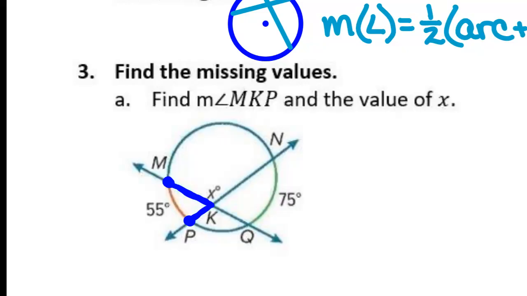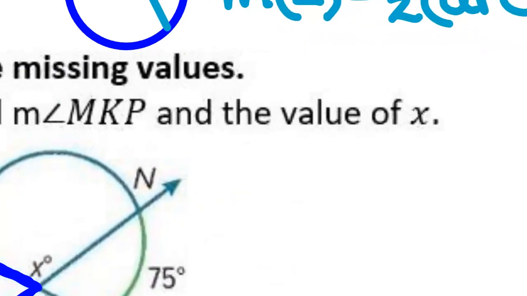Central angle, inscribed angle, inside or outside? So it's an inside angle. It does not have its vertex at the exact center of the circle. If you don't see the vertex on the exact center of the circle, it cannot be a central angle. So this is an inside angle.